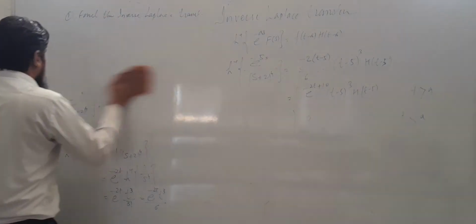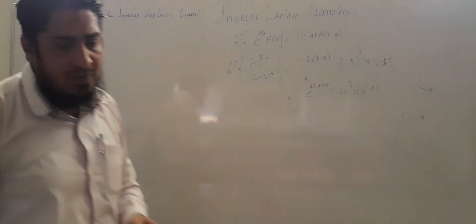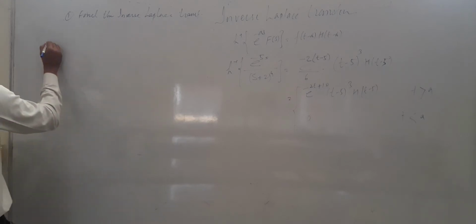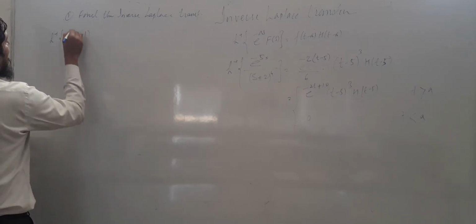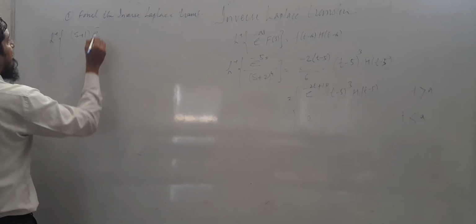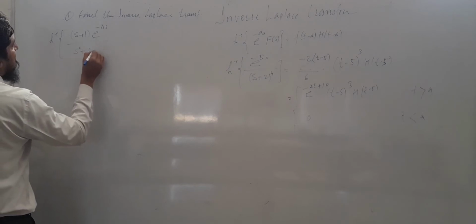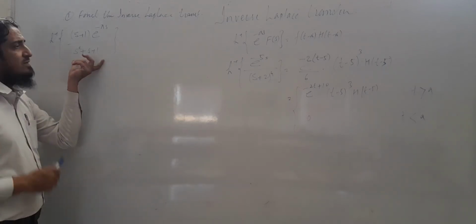Find the inverse Laplace transform of (s plus 1) e raised to minus 5s upon s square plus s plus 1, and we can find the result for this function.